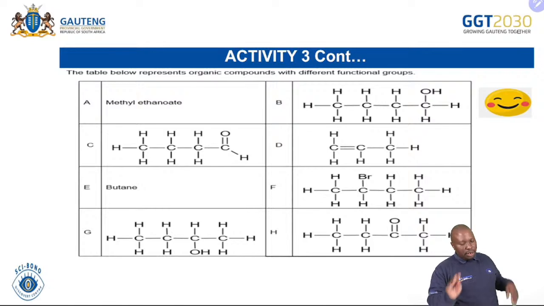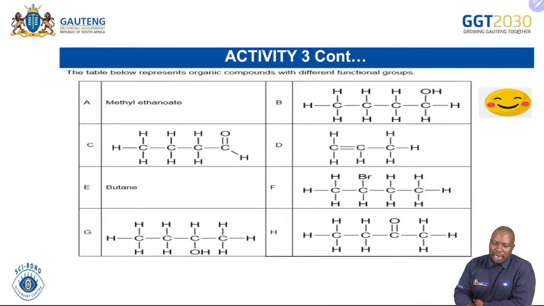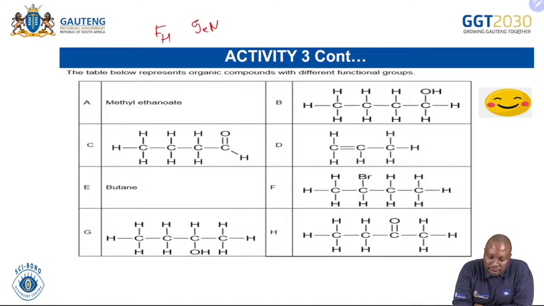When you see that table, remember FH-GMS. Again, our strategy: you look at it and say, I'm going to enjoy myself, FH-GMS. So what am I given here? I'm given the name. So we're starting from the end there, which is the name. Remember, we're saying F is for functional group. That is the first thing you must look for.